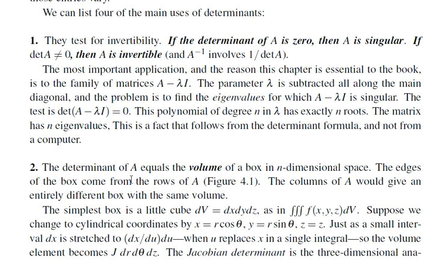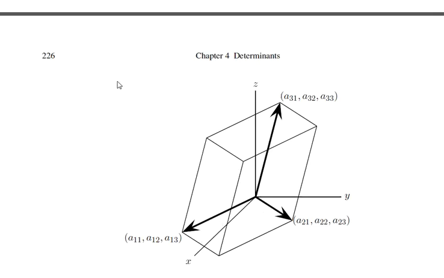The edges of the box come from the rows of A. The columns of A would give an entirely different box with the same volume. So if the determinant has A11, A12 and A13, then one edge is represented by A11, A12 and A13, another edge by the second row, A21 and so on, and the third edge by the third row.